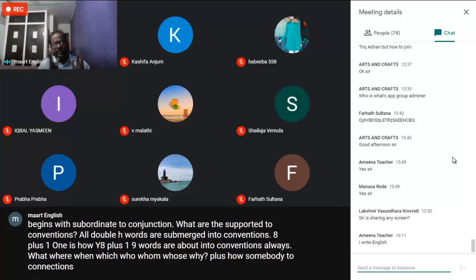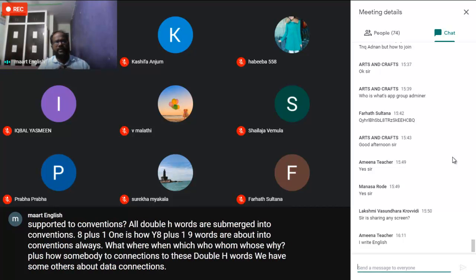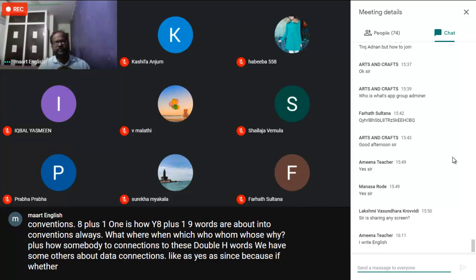In addition to these WH words, we have some other subordinate conjunctions like as, since, because, if, whether, unless, though, although, even though.